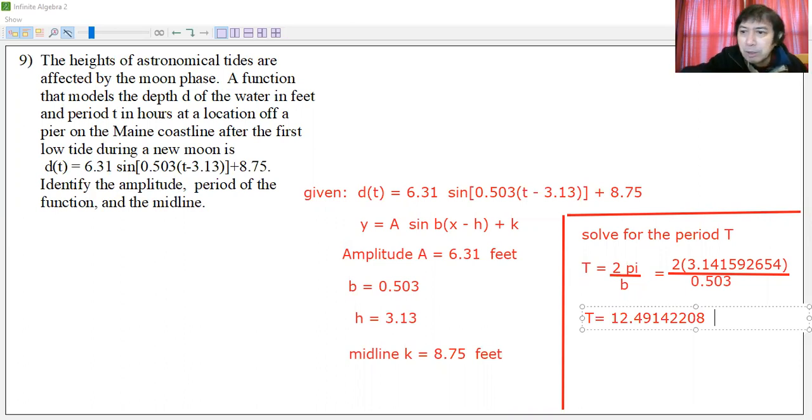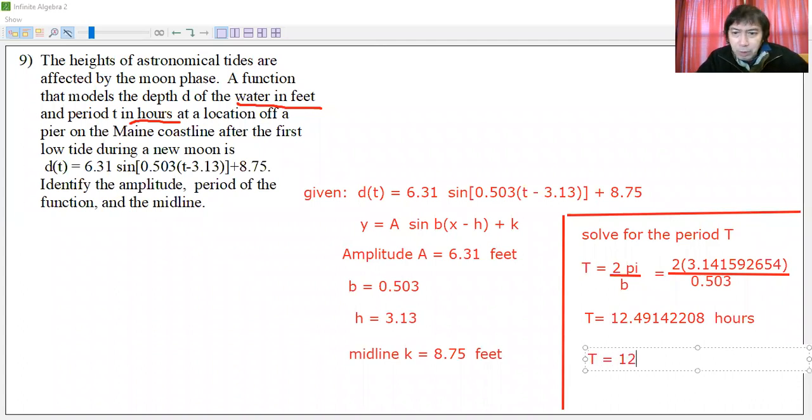Yes, it's right here in the wordings. So this will be in hours. Now, the unit of depth is in feet there, okay? So our period or our time is rounded to 12.49 hours there, and that's it, all right?